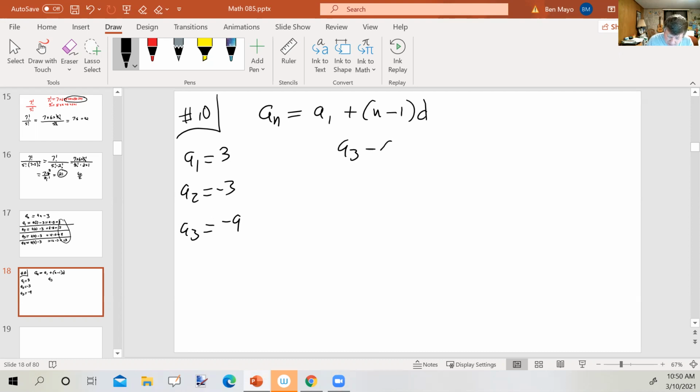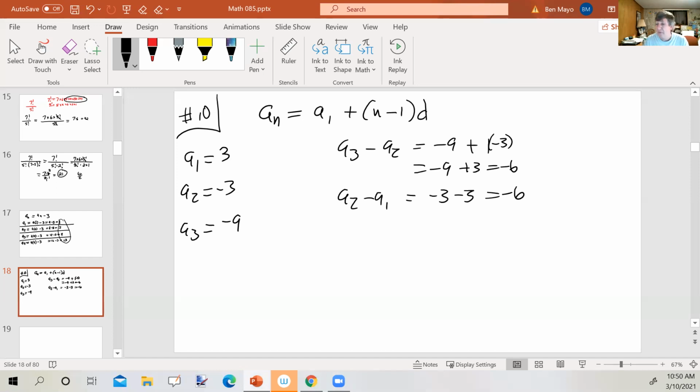A sub 3 minus a sub 2 would be -9 minus -3, which would be -9 plus 3, which is -6. Let's try this again. A sub 2 minus a sub 1 would be -3 minus 3, which is, yeah, we're getting a common difference of -6. Okay, so d is -6.